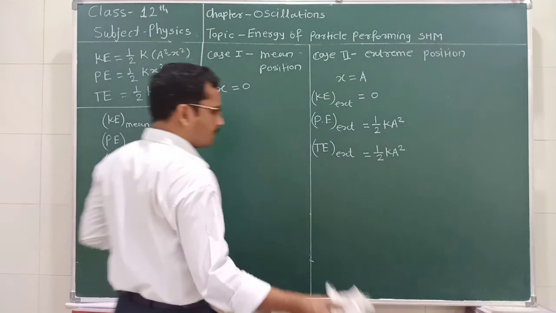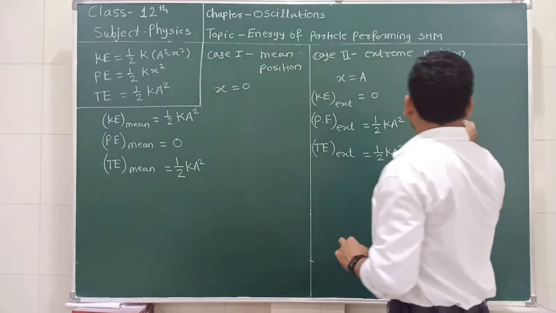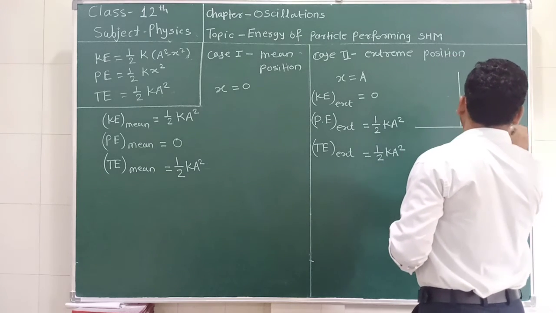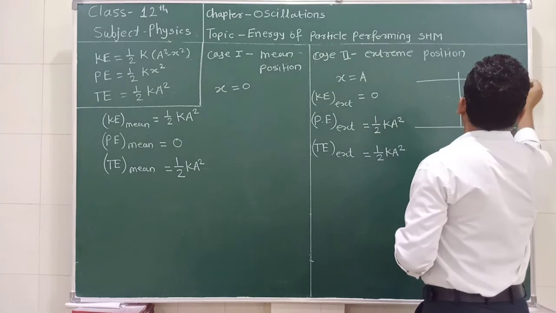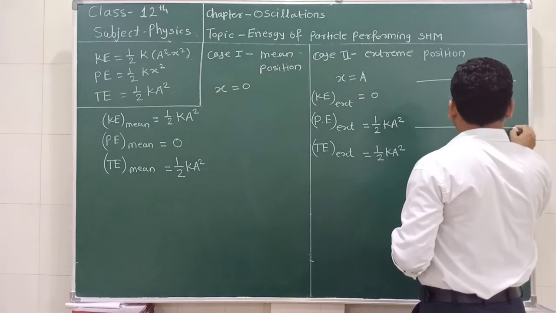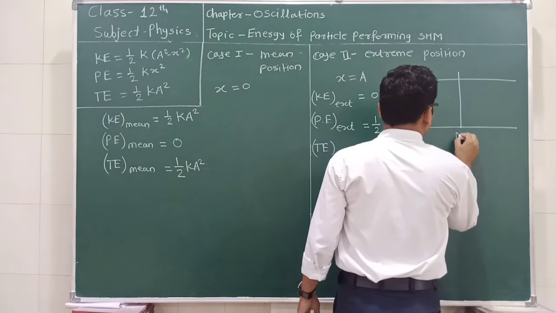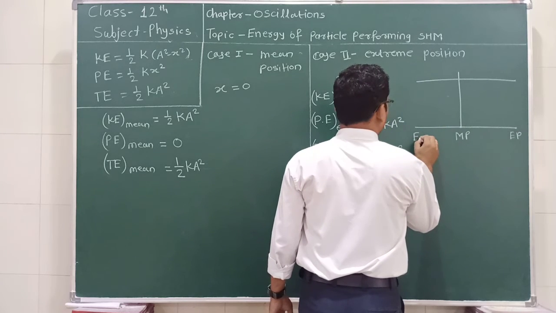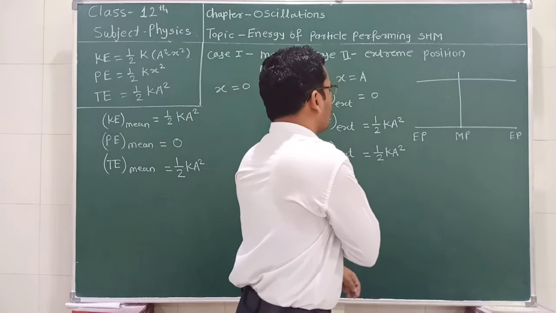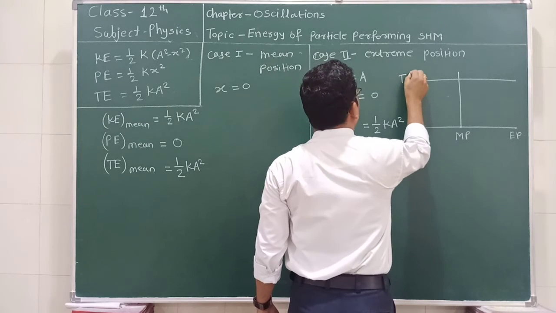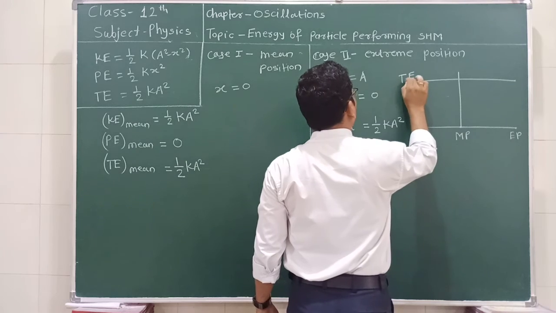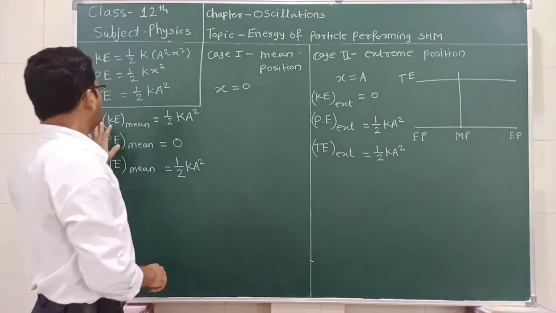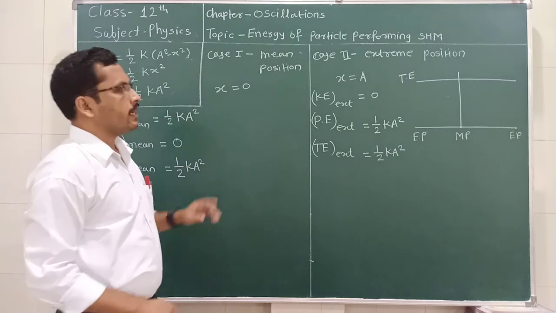The graph is like this. Using this graph, we can explain these two cases at the mean position and the extreme position.